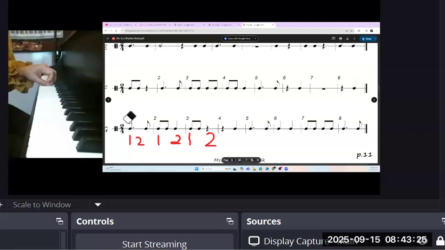Here we go. 1, 2, 1 and 2, 1 and 2, 1 and 2, 1 and 2, 1 and 2, 1 and 2.